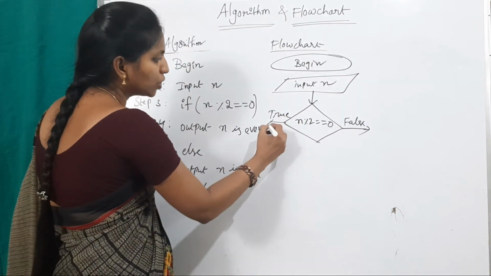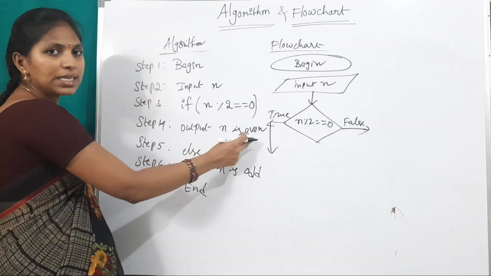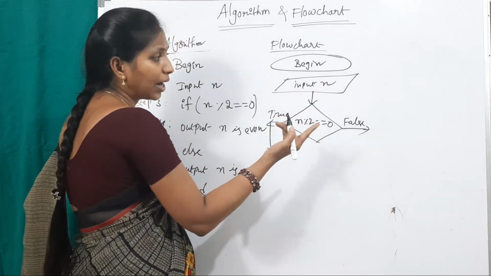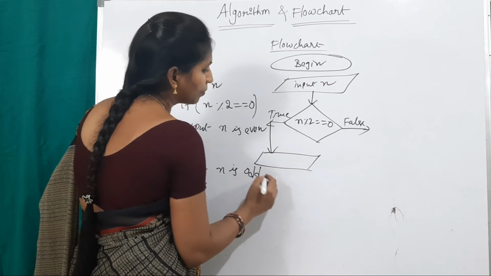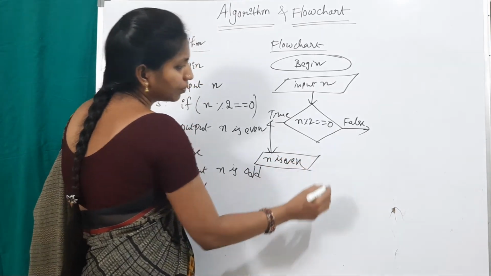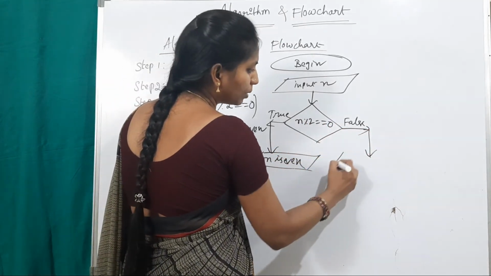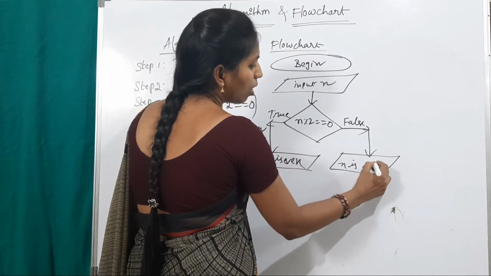If this condition is true, then what will be the display statement? N is even. For display means write output. What is the symbol? Parallelogram. So here n is even. Suppose this condition is false, then what will be the output? N is odd.